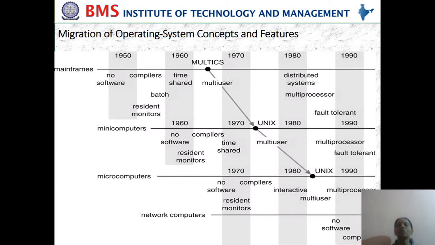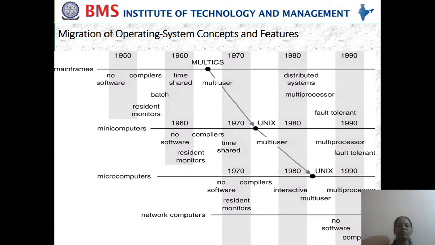So you can see how the concepts and features of operating systems have advanced as we keep moving on. In the 1950s no software was there, only compilers and resident monitors were there.